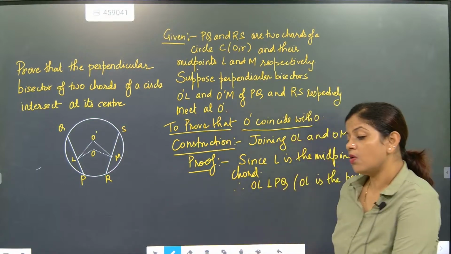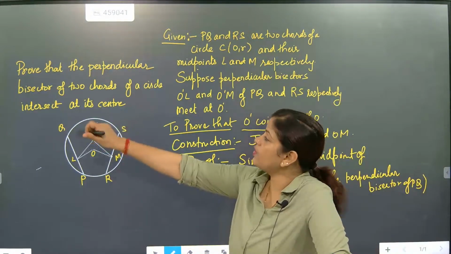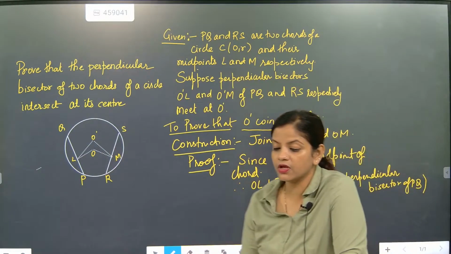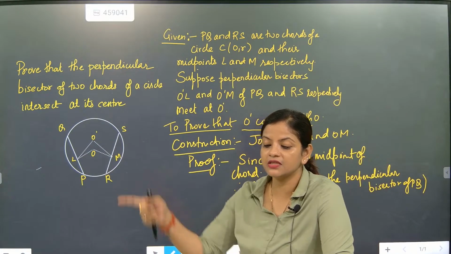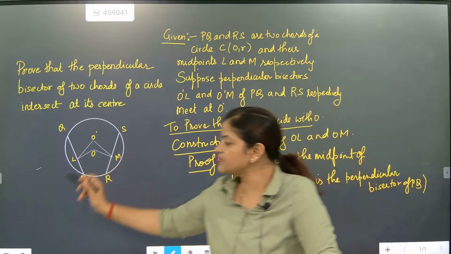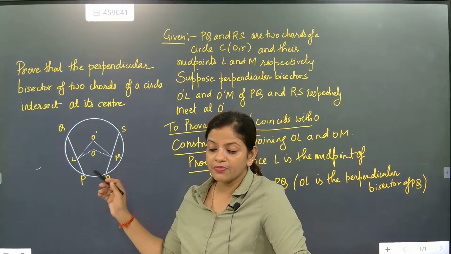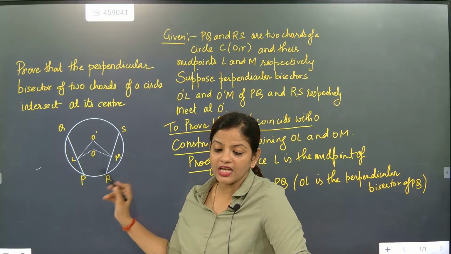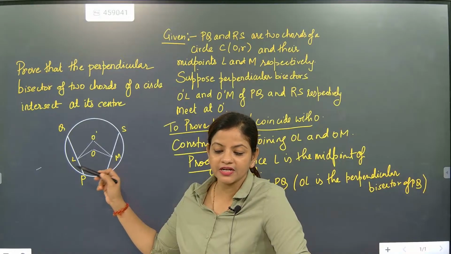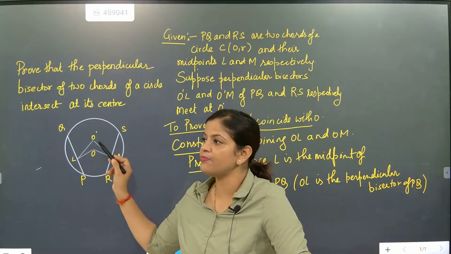Now OL is there, O dash L is also there. If one is a perpendicular bisector, the other will automatically become a perpendicular bisector, because both are serving the same purpose.